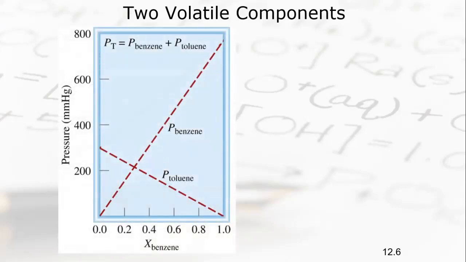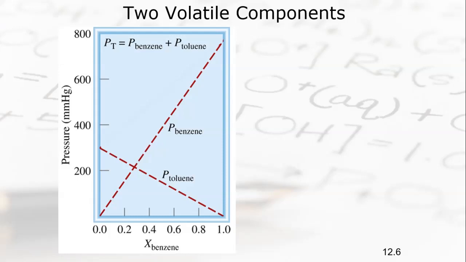So let's consider a mixture of benzene and toluene. These are two compounds that are not water soluble. So we're going to mix them with each other. They're both nonpolar compounds, so they dissolve fairly well in each other because they share similar kinds of London dispersion forces. So let's say that we are going to do this graph here.